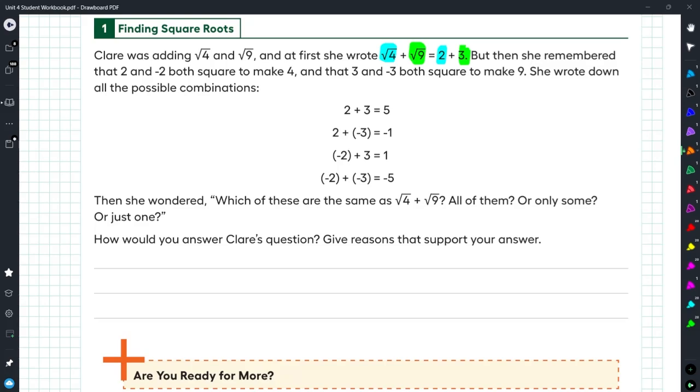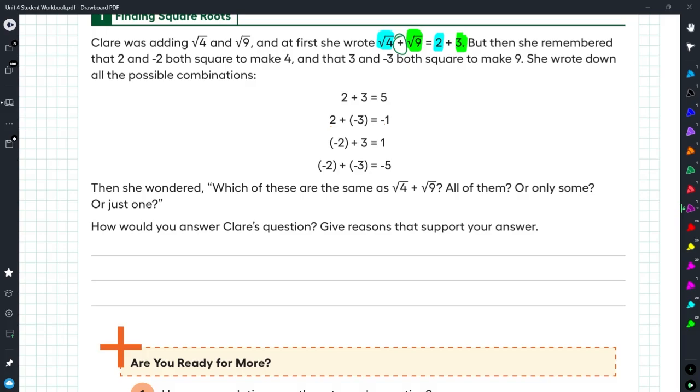So she wrote down all these combinations. When they're both positive, we get 5. If we do 2 plus negative 3, that is negative 1. Negative 2 plus 3 is 1. And negative 2 plus negative 3 is negative 5. So which one is it? Are all of them true? Some of them true? One of them true?